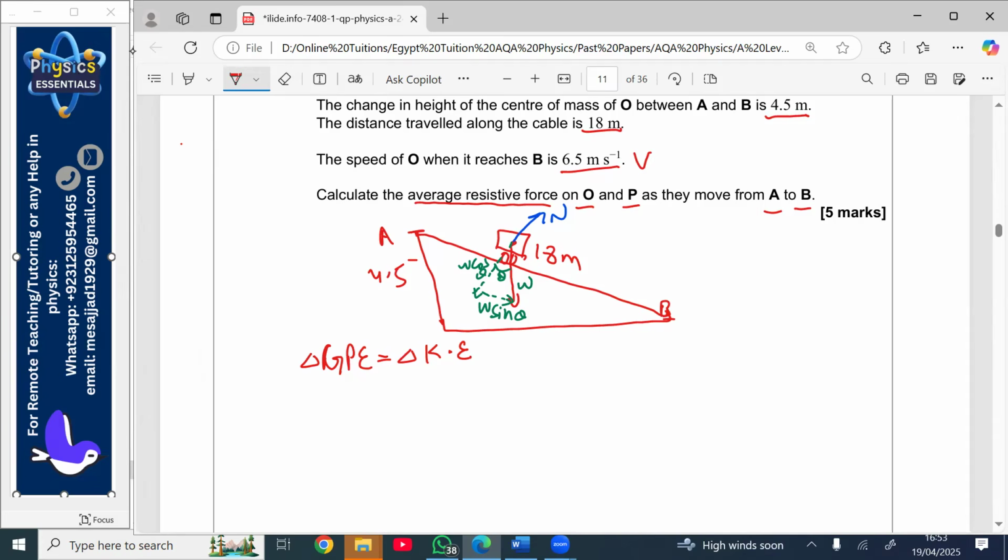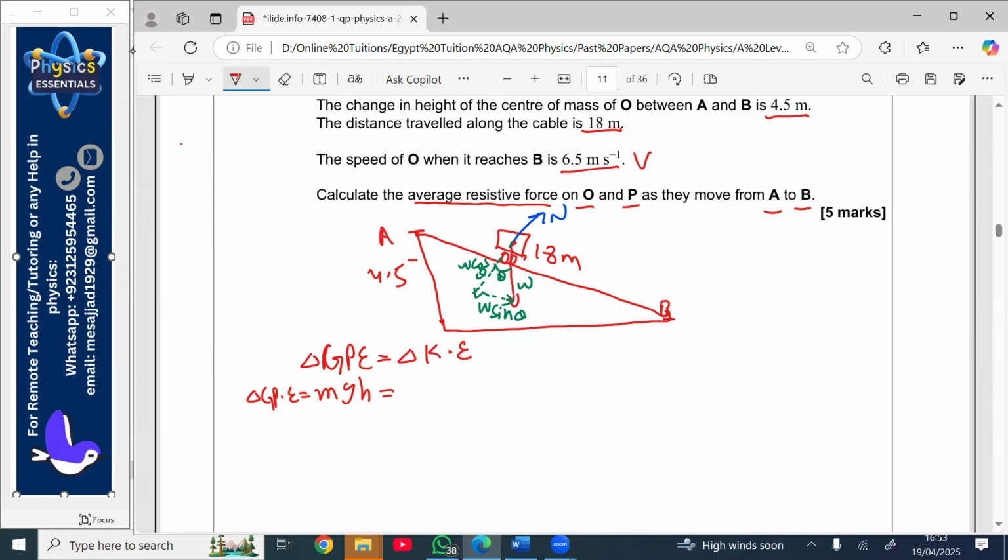When I do that, I say the mgh, where h is the vertical height, equals half mv squared. Correct? So let me calculate the change in GPE first. Equals mgh.